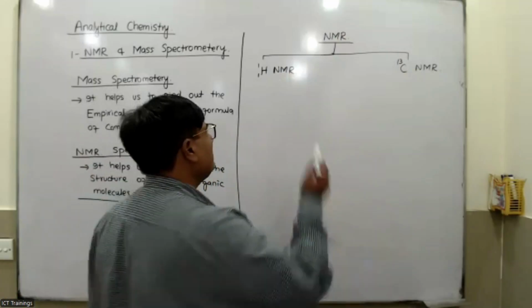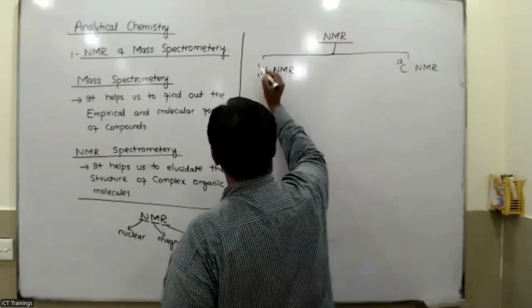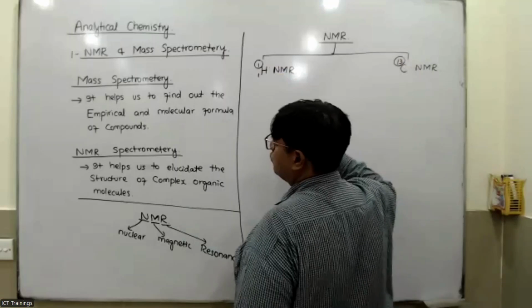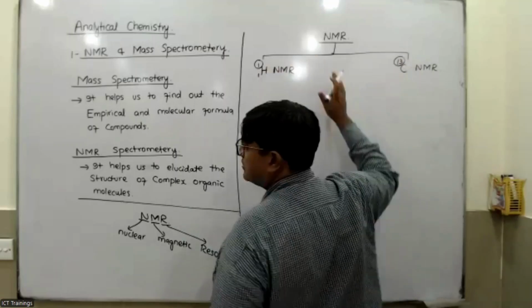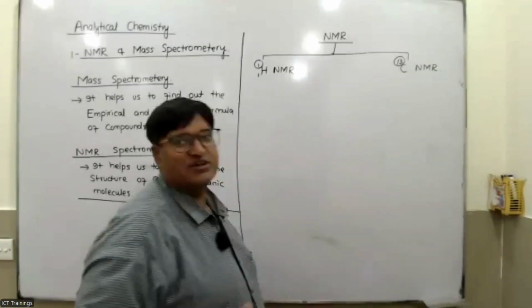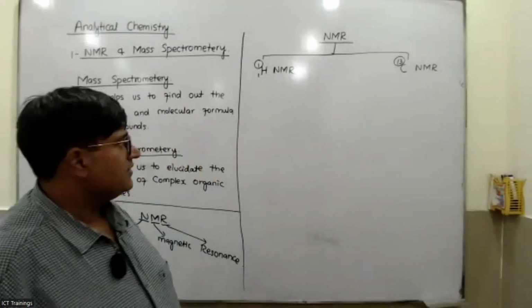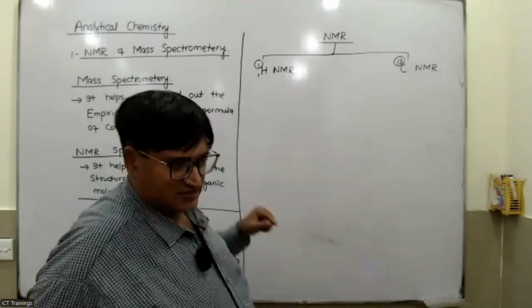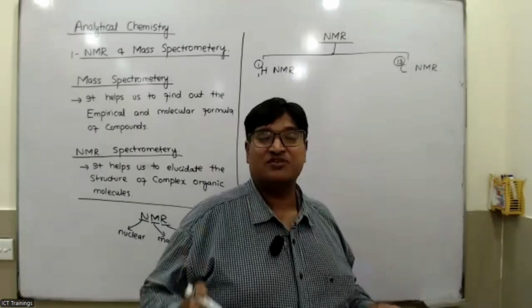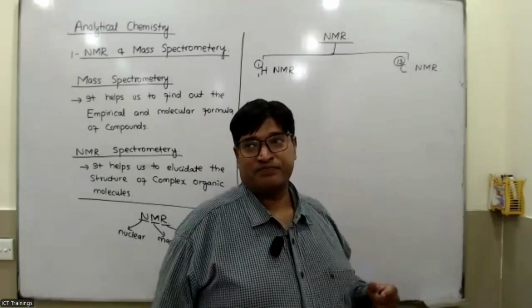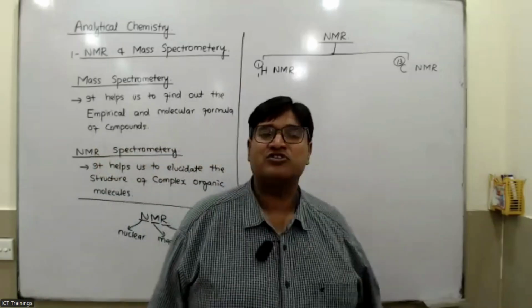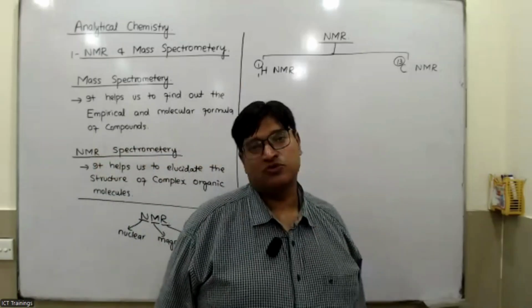Now, if you look at these two NMR technologies, both have a nucleon number that is odd. These are the odd numbers. So keep in mind, he has asked this question many times in the paper: for which elements could NMR spectrometry be used?